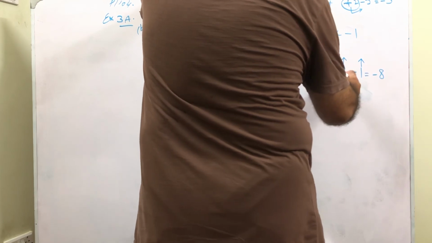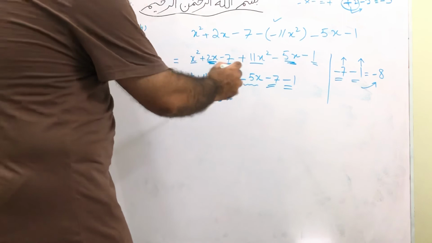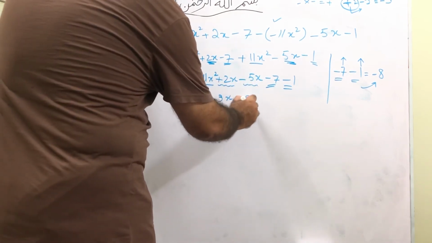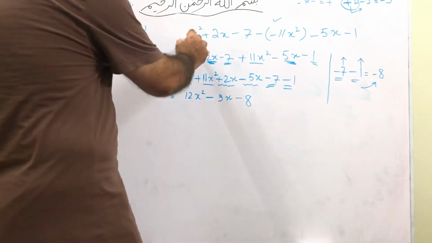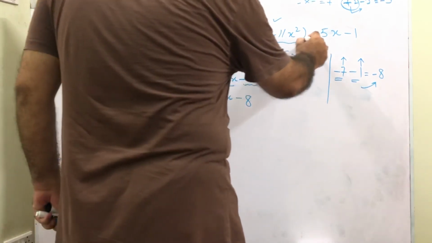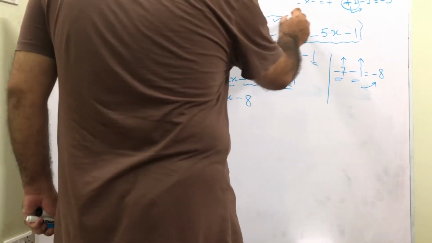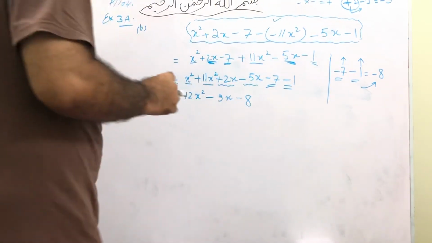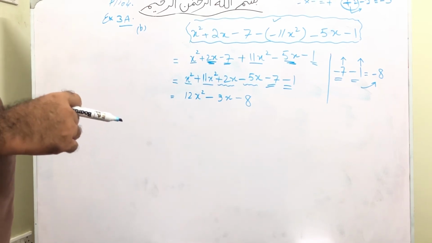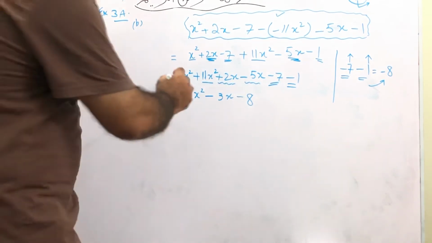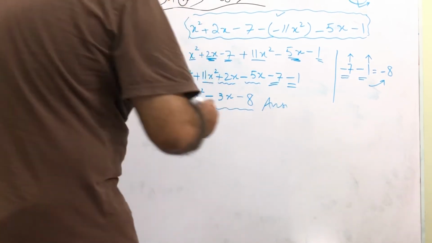So minus 7 minus 1 becomes minus 8. So here we will put minus 8. So this is the answer. This was a long expression given to simplify, we have done the process, we have used the steps, and now we have come to the answer. This is our answer. This is a simplified form.